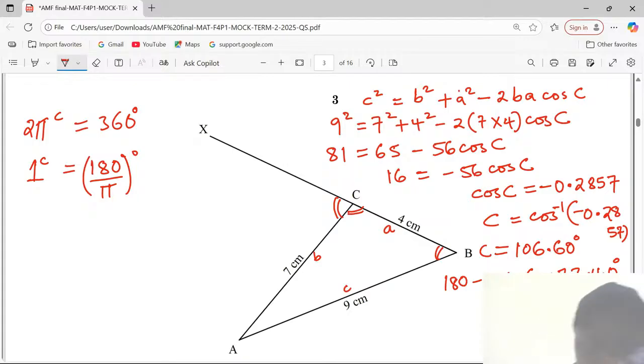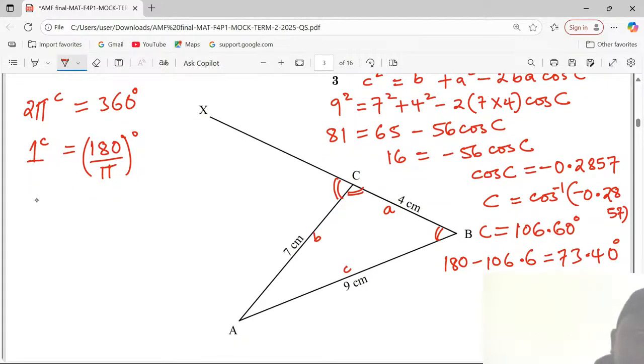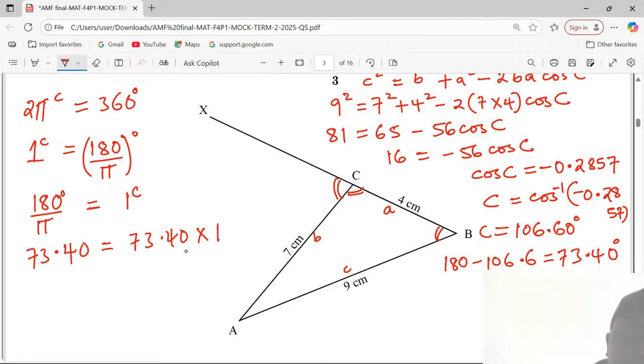And we will now say that if 180 over pi degrees equals 1 radian, what about 73.40? It shall be 73.40 times 1 divided by 180 over pi.